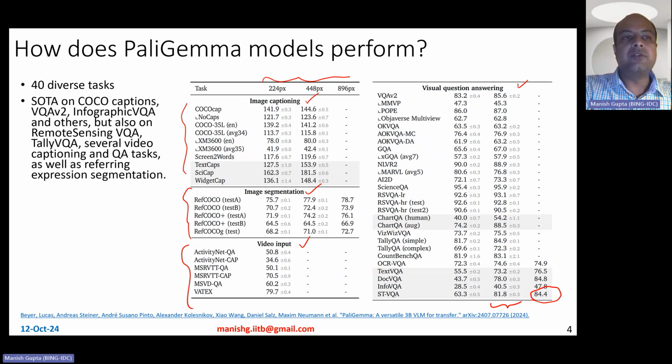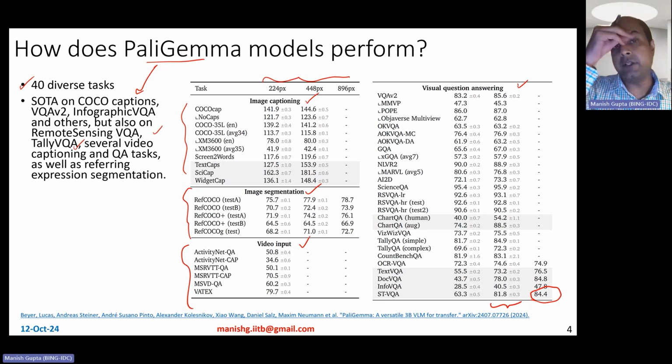So they actually measure on 40 different tasks that you see here. And the nice point is PaliGemma establishes state of the art on COCO captions, VQA V2, infographics VQA, and others, but also has very good accuracy on remote sensing VQA, TallyQA, which are really domain specific visual question answering kind of tasks.